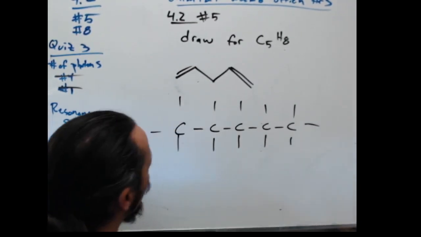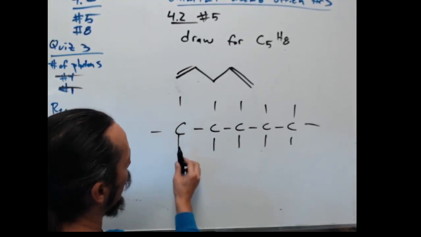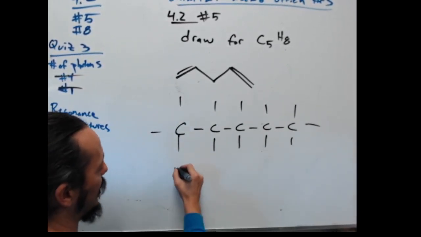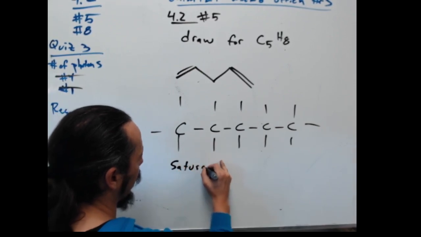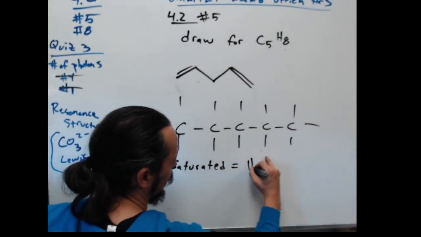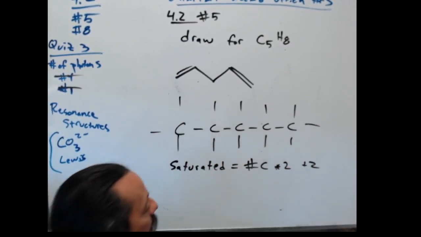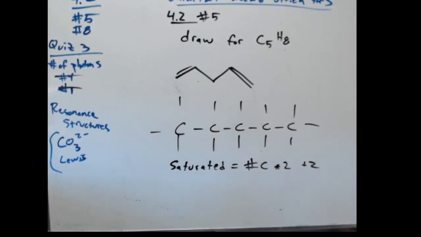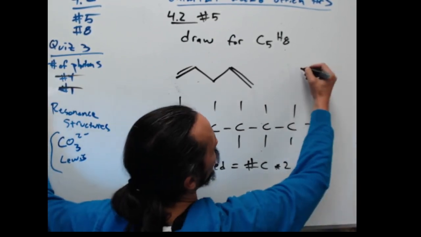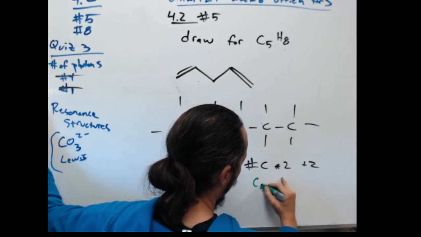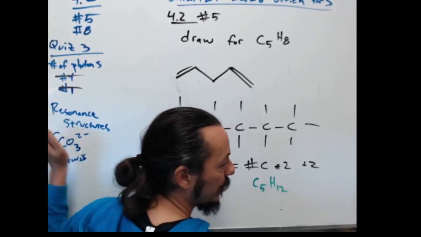So when I look at this, if I had a saturated chain, 2, 4, 6, 8, 10, 12 hydrogens. So a saturated chain would be number of carbons times 2 plus 2. For example, C5H12 would be saturated.